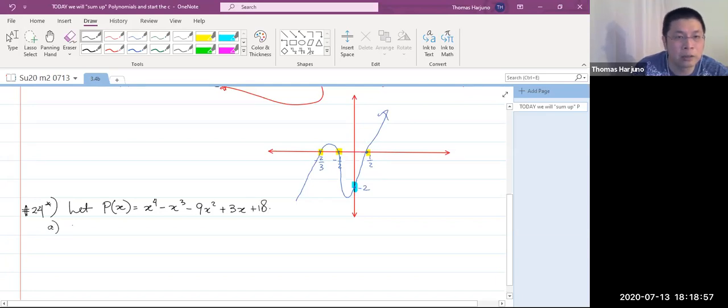Part A, the domain. A polynomial always has a domain of all real numbers. And then part B, according to Descartes' rule of signs, how many positive zeros and how many negative zeros?